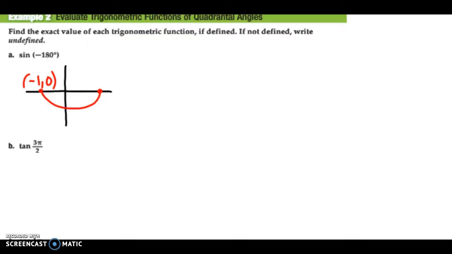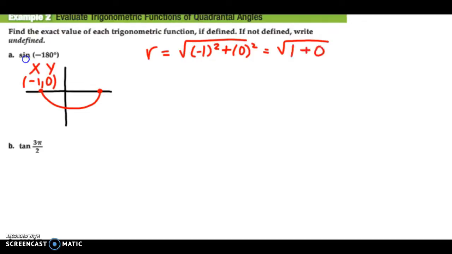That means my x value is negative 1, my y value is 0, and my radius I can find by putting those numbers in. The square root of x squared plus y squared: negative 1 squared is 1, 0 squared is 0, the square root of 1 is 1.